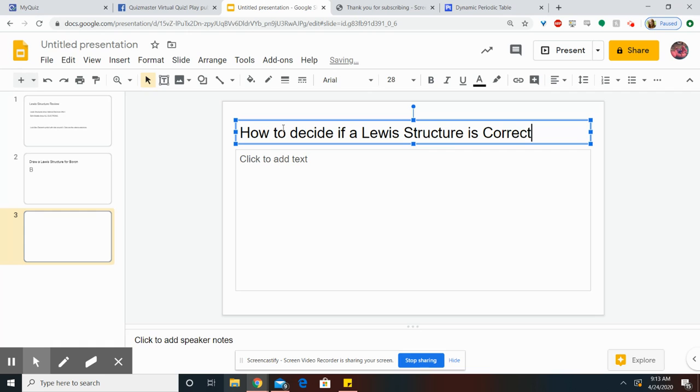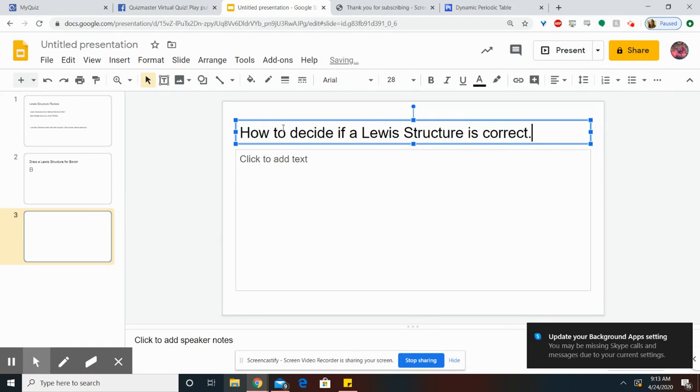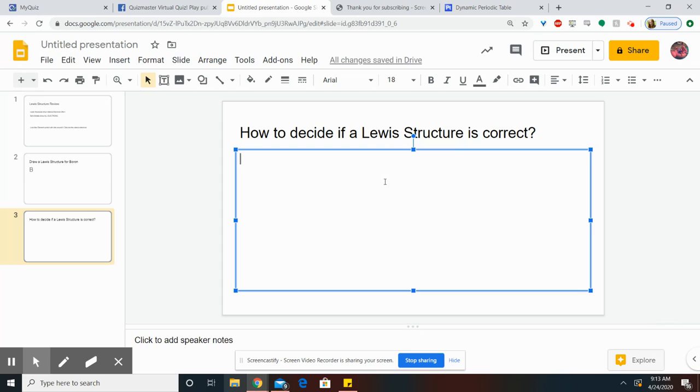Oh, I capitalized correct. Essentially what you're going to be doing is check how many valence electrons there are on the Lewis structure, and then check with what you would expect from the periodic table.